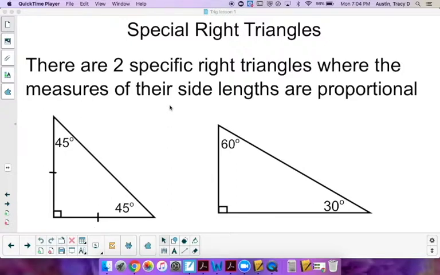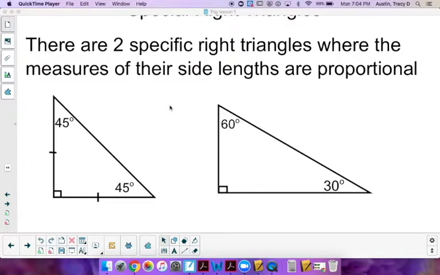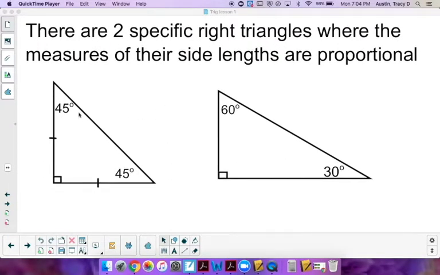So we have them both right here. These are our special right triangles. As you can see, one is a 45, 45, 90 right triangle. That means if both of these angles are 45, then the sides opposite them, corresponding sides, are also the same length. Same angle measures means the same length of the sides.